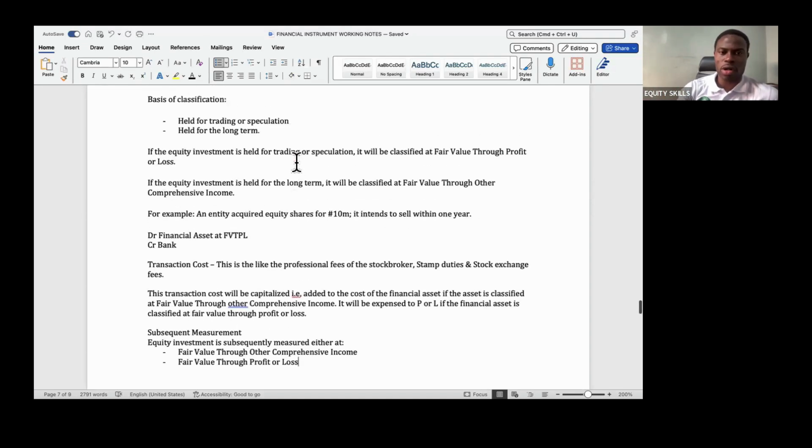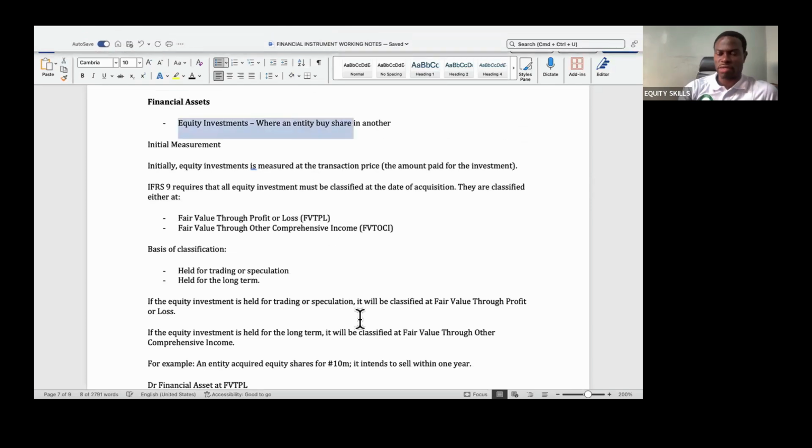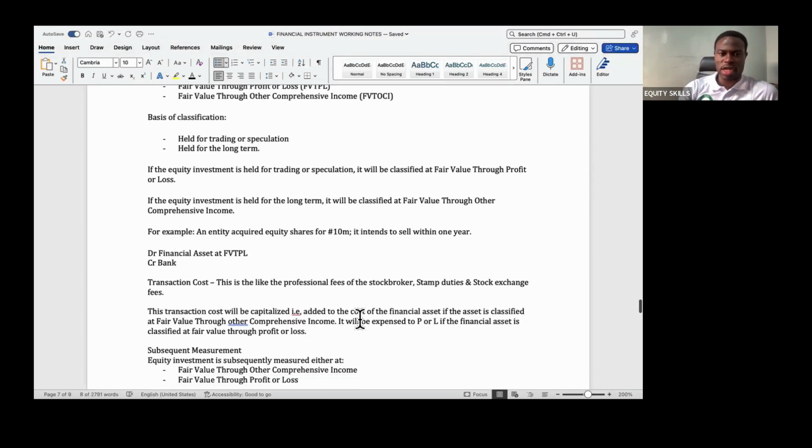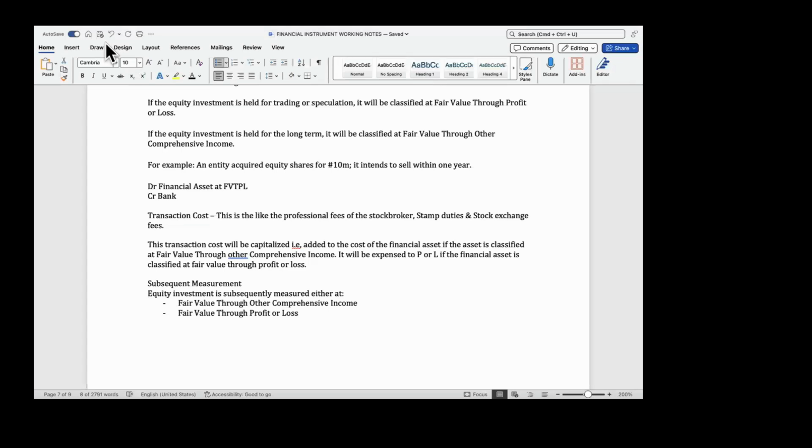And that is all for equity investments. That's how to measure equity investments. Do we have any questions on that before we move to the next measurement basis, to the next item?